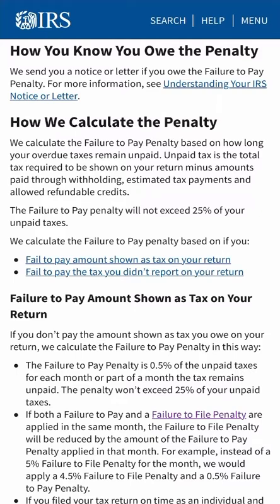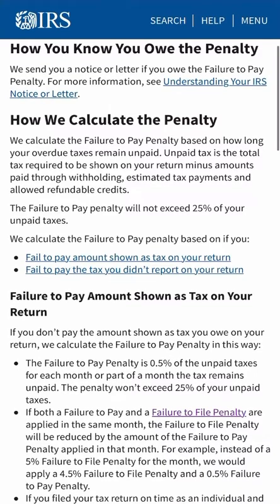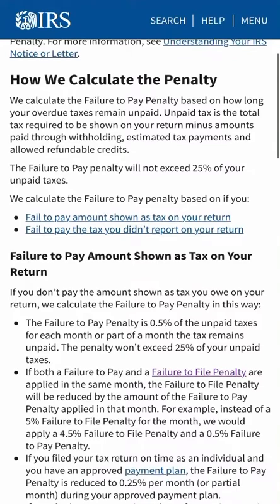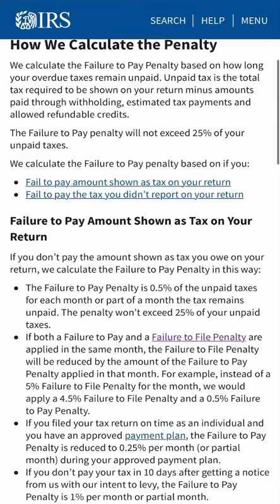They calculate the failure to pay penalty based on 2 scenarios. Number 1, if you fail to pay the amount that's shown on the tax return. And number 2, if you fail to pay the tax that you didn't report on your income tax return. A lot of times people may get a notice in the mail from the IRS indicating that they have adjusted their tax liability.